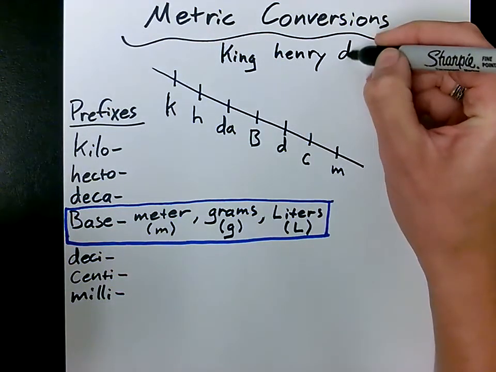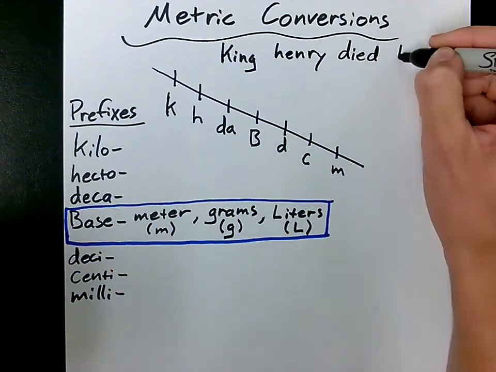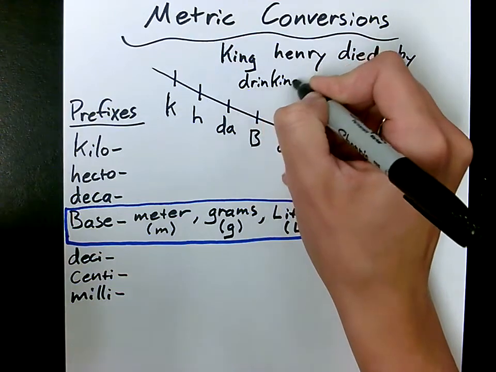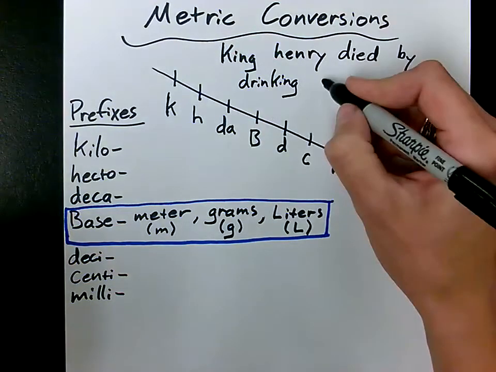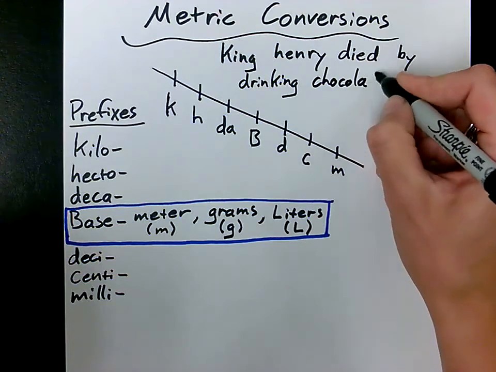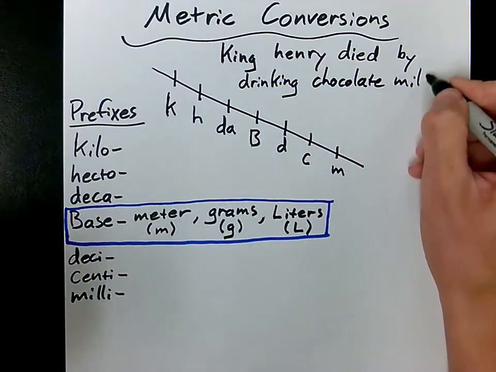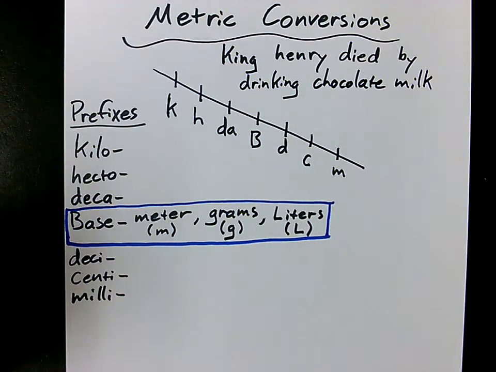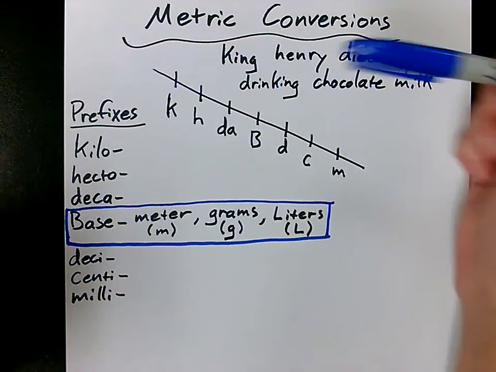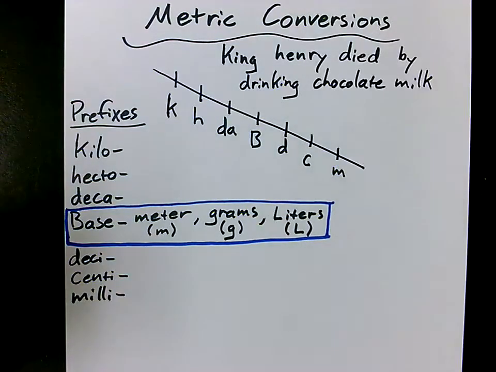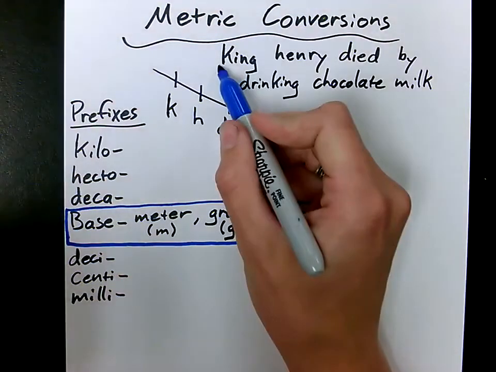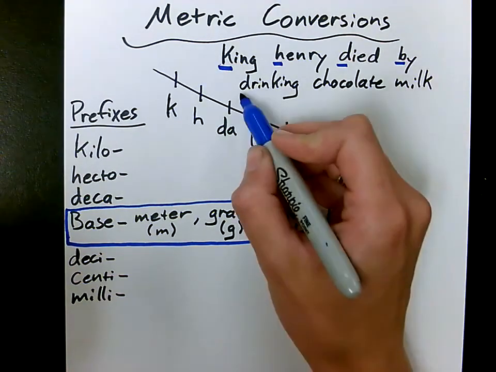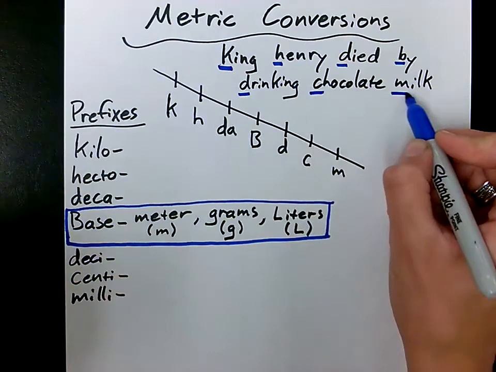King Henry died by drinking chocolate milk. I really hope I don't die by drinking chocolate milk someday, although it doesn't sound like a bad death. So this little story will help you remember the order that these things go in from left to right. Kilo, hecto, deca, base unit, deci, centi, milli.